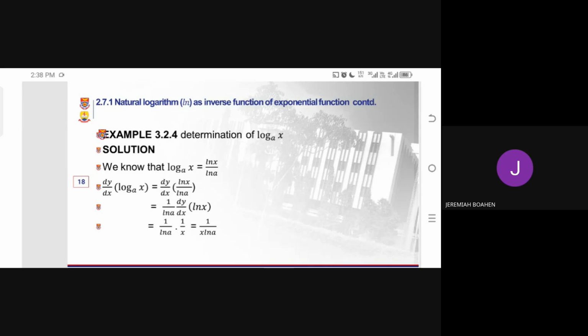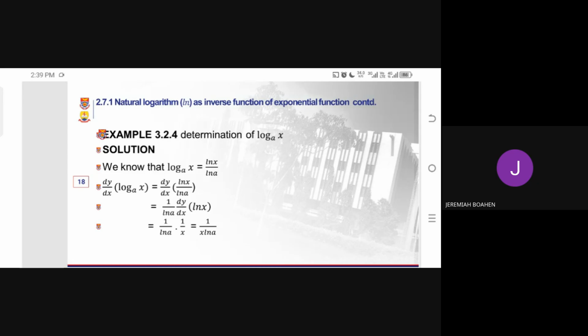You can find the derivative of ln x over ln a. So you apply the quotient rule. Yes, you can apply the quotient rule. And when you apply the quotient rule, at the end of the day, you are going to get 1 over x ln a. Yes, that is the same thing.